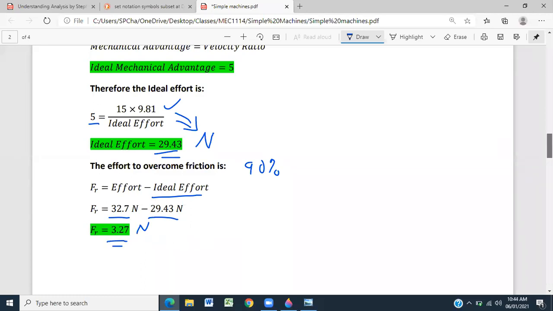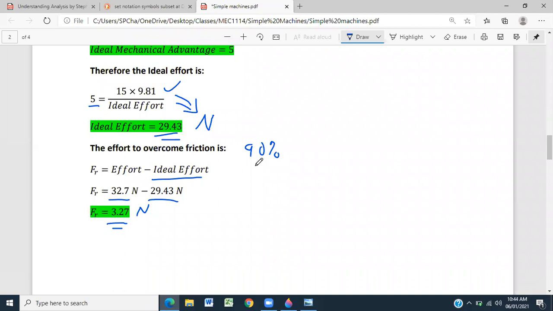So we're just subtracting the effort we actually use versus the ideal, and finding how much of it goes to friction. So this here is your losses, this is where the inefficiency comes from, that 10% that's missing, right? Okay, good. Questions on this?